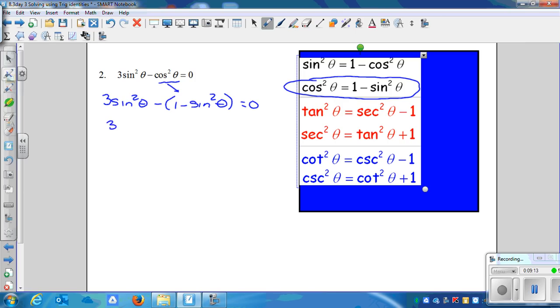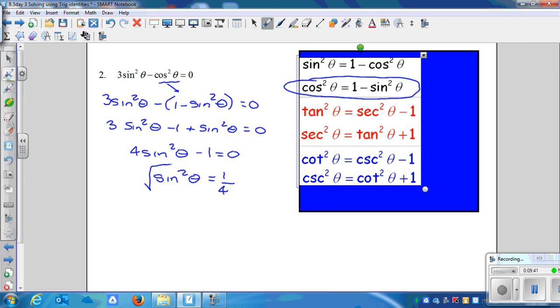So we have 3 sine squared theta minus 1 plus sine squared theta equals 0. And you're going to combine your like terms. So we have 4 sine squared theta minus 1 equals 0. And we're going to add 1 and divide by 4. So we're going to have sine squared theta equals 1/4.